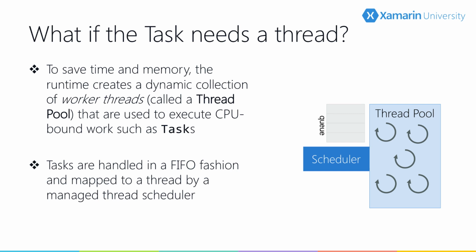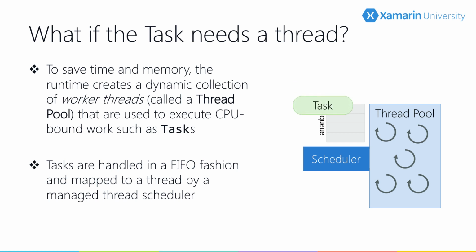So what if a task really needs a thread? Let's say we have some CPU-intensive work to be done. And we know the only way to avoid blocking the UI main thread is to run it on a separate thread. How are we going to achieve that? Well, we want to take advantage of the scheduler and the thread pool.